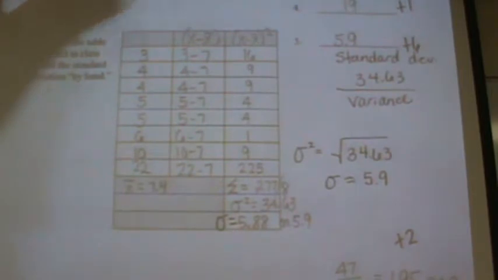This is sigma squared. Sigma is 5.9. That's the standard deviation. And the variance is 34.63. You figure the variance first before the standard deviation. Good? Janor? Yeah. You okay?